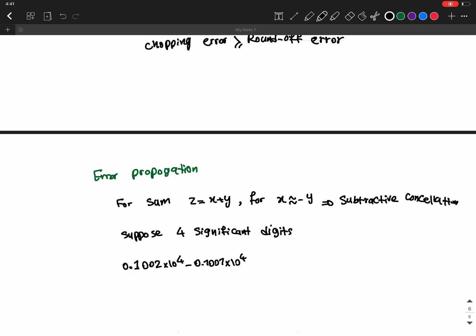This is going to be 0.1 times 10 to the power 4. So now we only have one significant number.